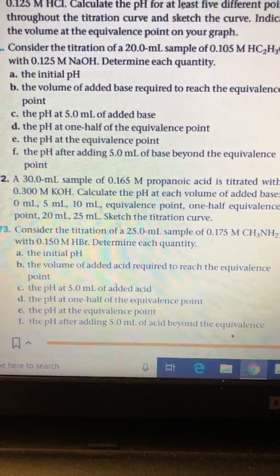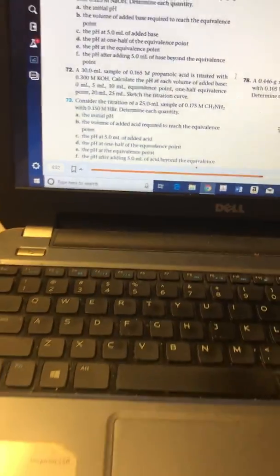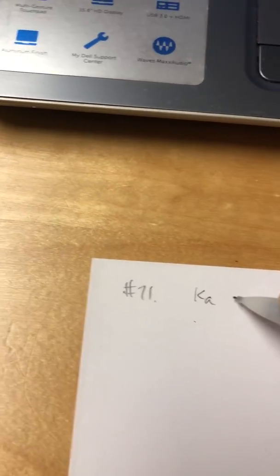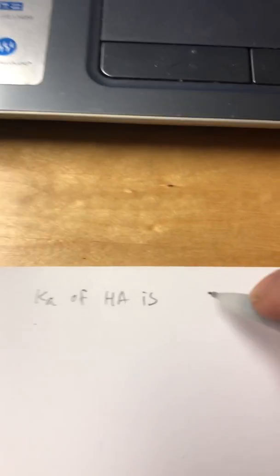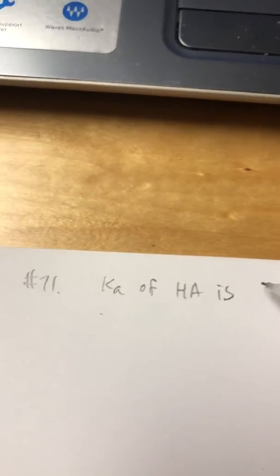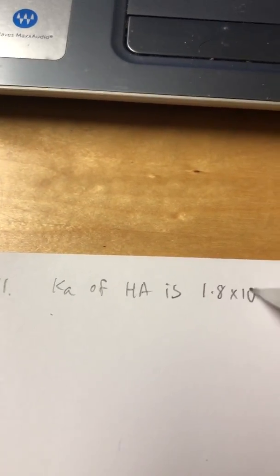To do this question, you need to know the Ka of this weak acid. Let's see, number 71. The Ka for this weak acid, let's simply say HA, you can find from the table, or it's given as 1.8 times 10 to the negative fifth power.